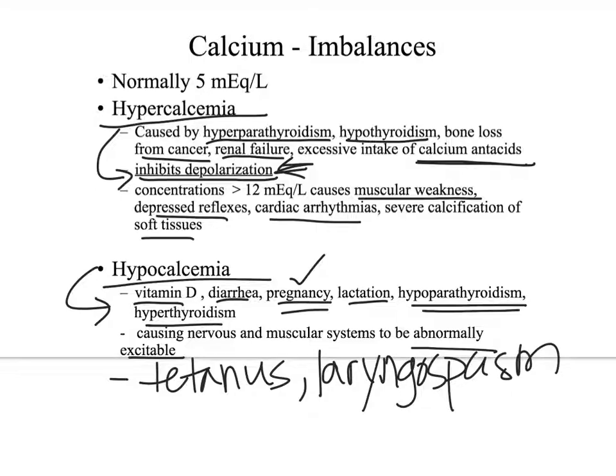And if your larynx spasms, it could inhibit your respiration, and that could cause death. So even some chemotherapy drugs can cause this to happen. So they monitor your electrolyte levels.